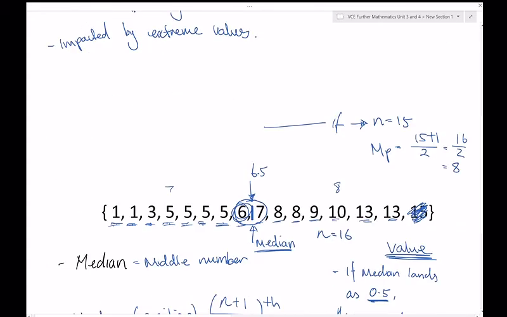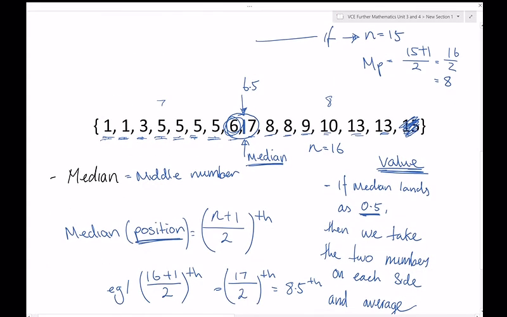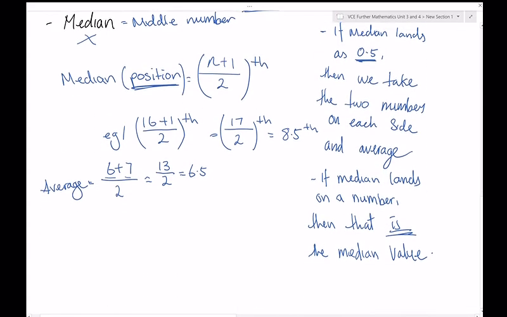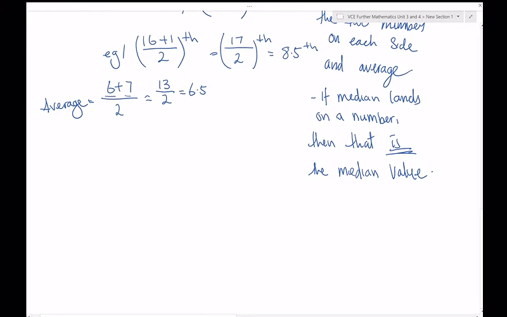The only thing that will be impacted here will be the median. If they were not in order, you cannot do the median like this. So for the median, it has to be in order.